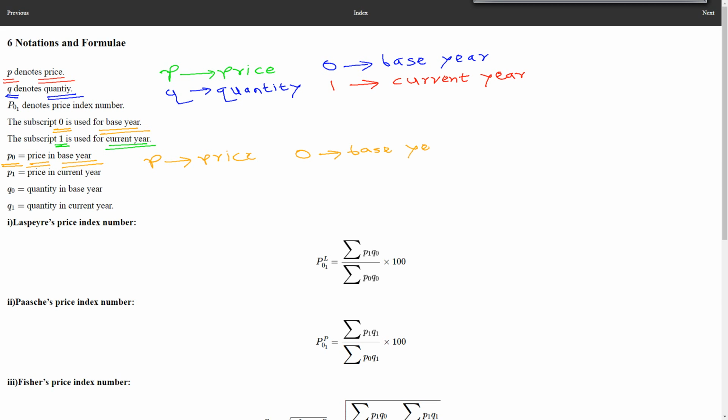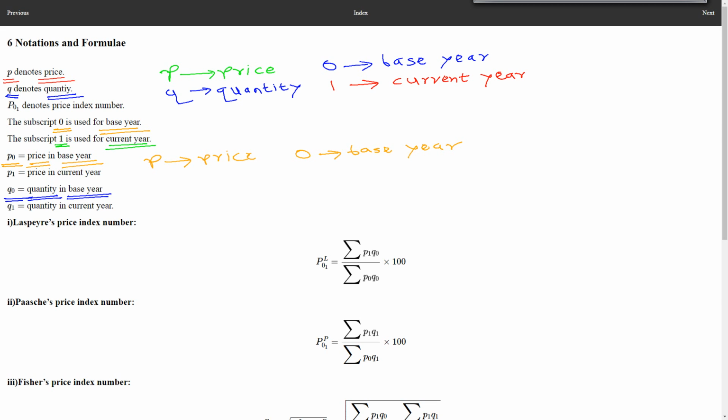Q0 denotes quantity in base year, because Q stands for quantity and 0 stands for base year.